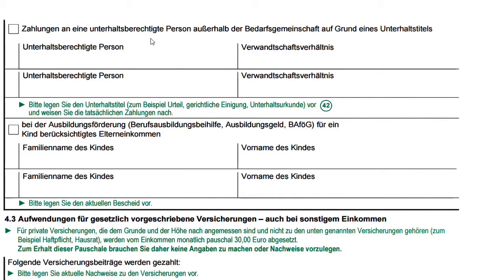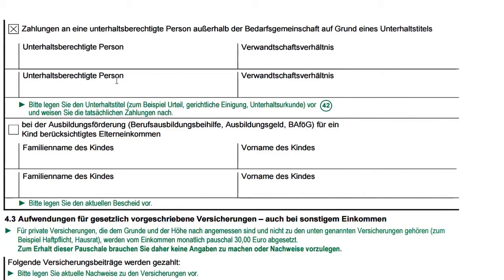in his or her family because of a maintenance order from a court, you mark here with a cross. Here you write the name of the person who has the right to get the maintenance. Here you write the type of the relationship this person has with the other person.